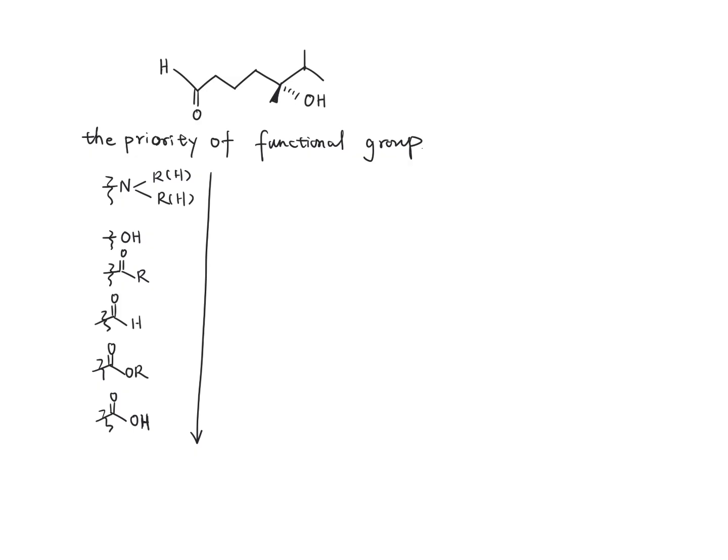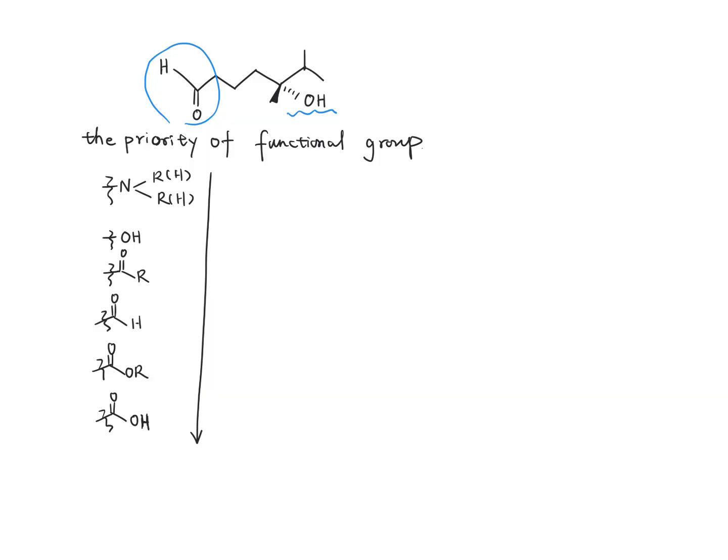And what does that mean? If we are looking at our molecule right here, we have an alcohol right here and an aldehyde right here. If we refer to our priority of functional groups, the aldehyde is higher priority than the alcohol. So our main parent chain will be an aldehyde.